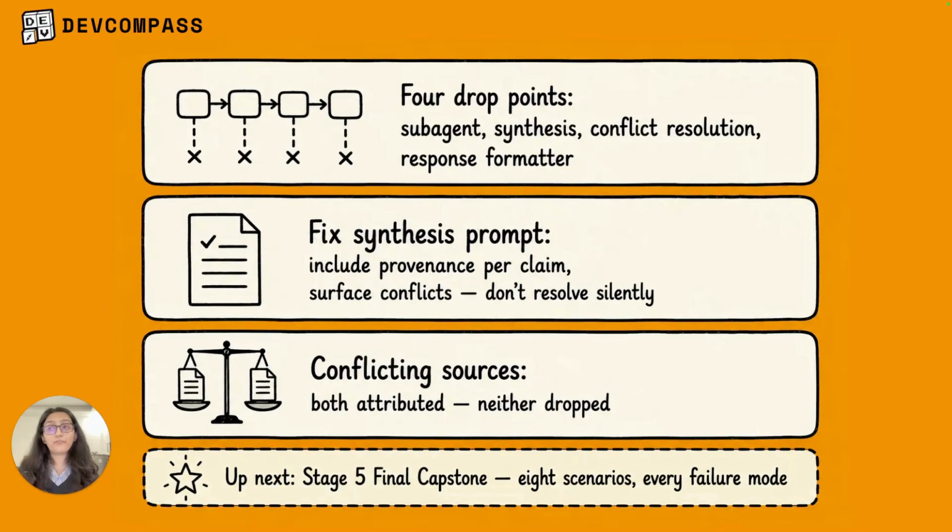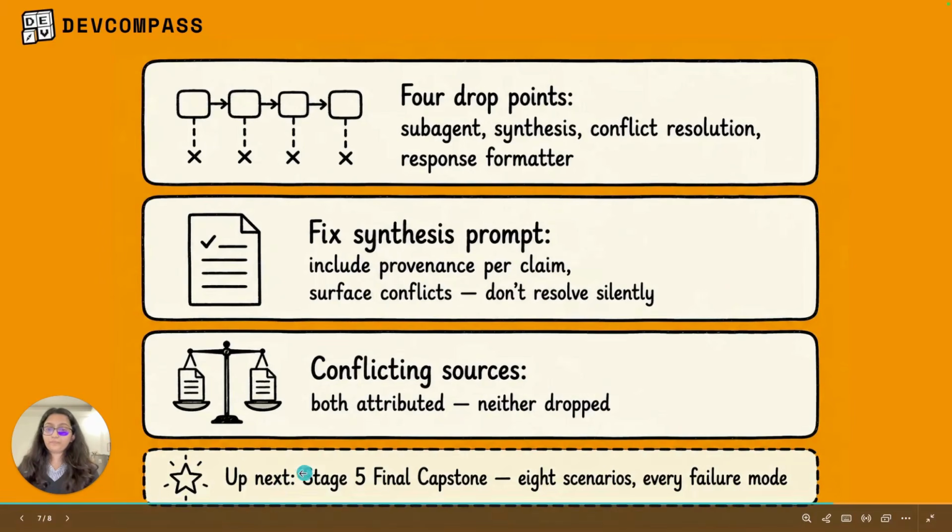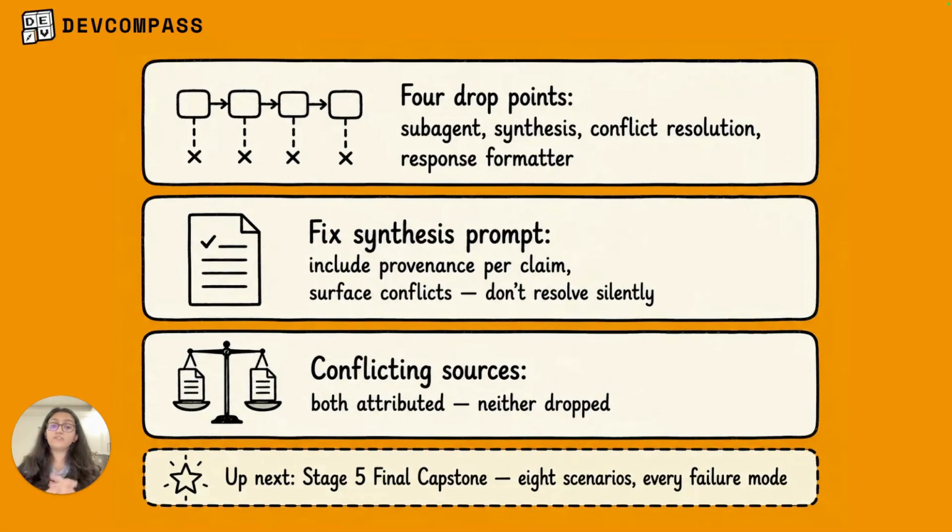And then how do you fix the synthesis prompt: include provenance per claim, surface conflicts and don't resolve them silently, and for conflicting sources, both attributed, neither dropped. So 6 videos, stage 5 is complete. You started with context degradation, the lost in the middle problem, the persistent case facts block, and the diagnostic framework for the 22-turn conversation.